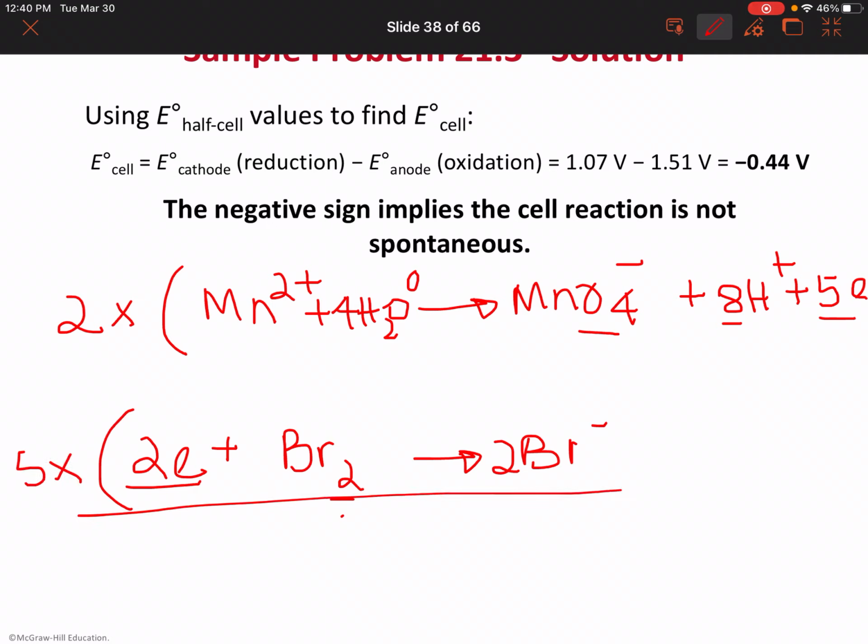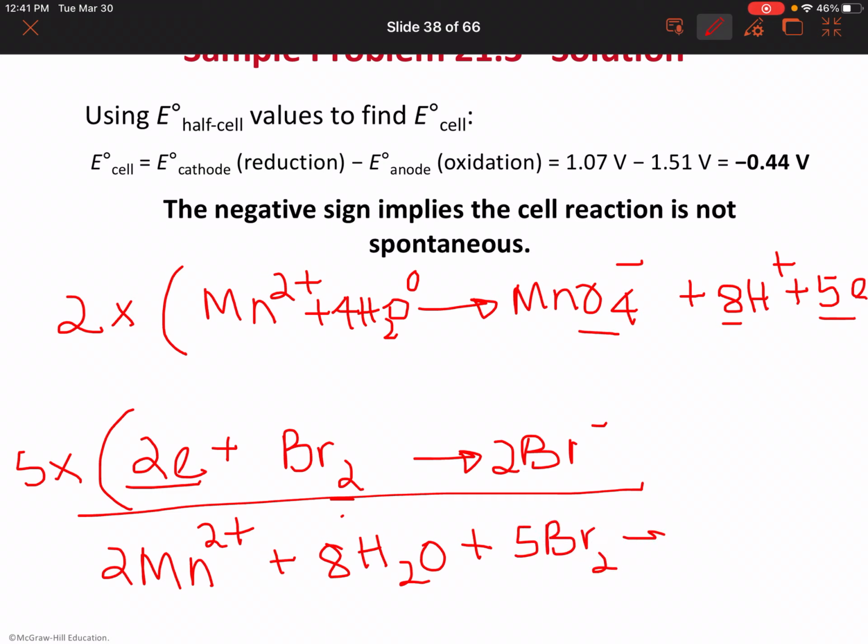So when you add it together, 2 Mn2+ plus 2 times 4, 8 water, those are the reactants for the oxidation, and for the product 5Br2, giving you 2 times permanganate, 2 MnO4 minus, plus 2 times 8, 16 H plus.